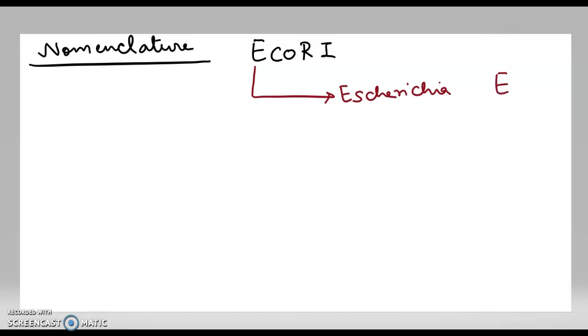So E is from that, then the next two are from the species coli. So this one is genus, this one is species.